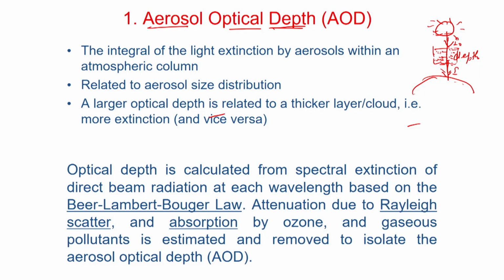And if you see how much light is extinct because of the presence of the aerosol, there are two things that will come into the picture: the integral of the light extinction by aerosols within an atmospheric column. So this is important, that you have to have an atmospheric column. Aerosol optical depth is actually a columnar property.